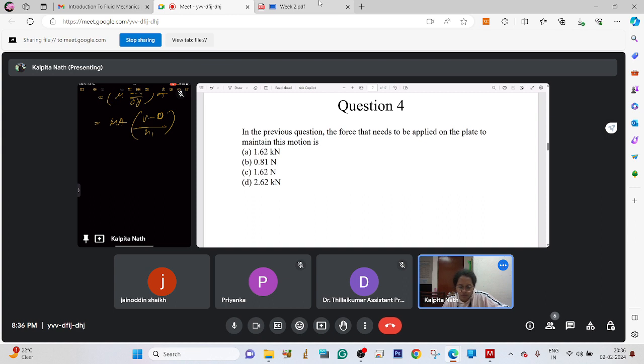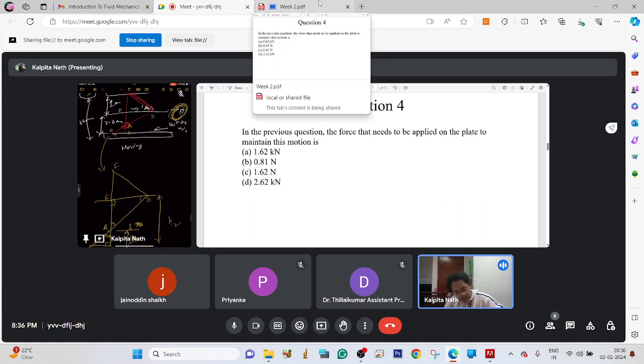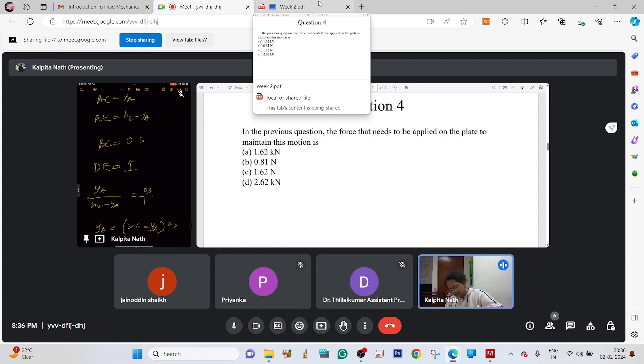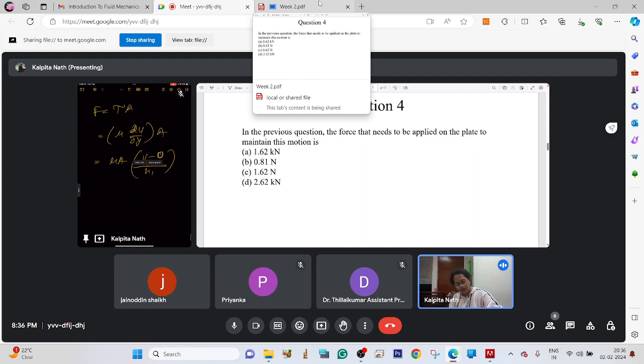If we see the diagram, this is H1, and this is H2. So we will write it as V minus 0 upon H1. Zero, because the upper wall is at rest. So V is 1 meter per second.